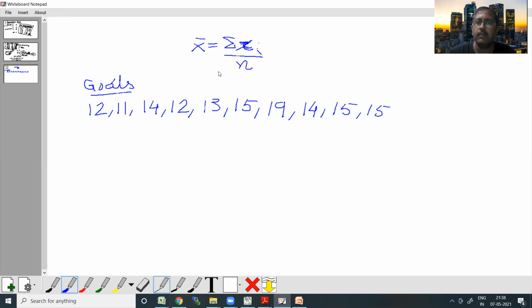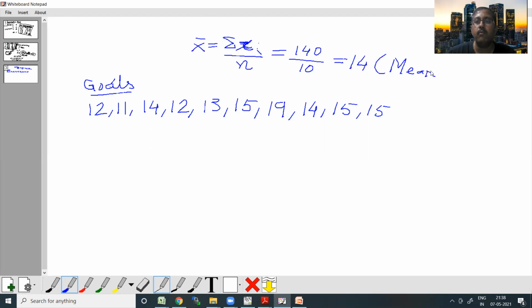So the summation of xi here, the total of all these observations, is coming as 140, divided by the total number of observations, which is 10. So we get 14. This is the simple arithmetic mean, which indicates that the value is 14. That's one measure of central tendency, and this is the mean, right?